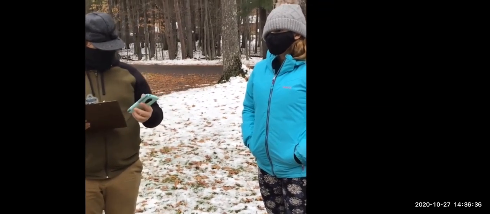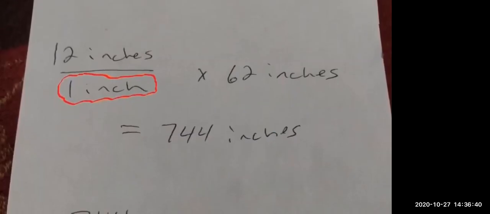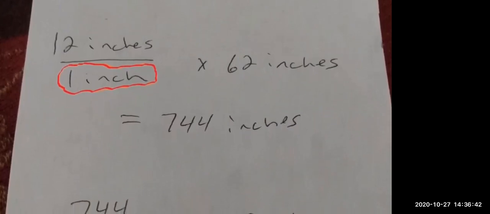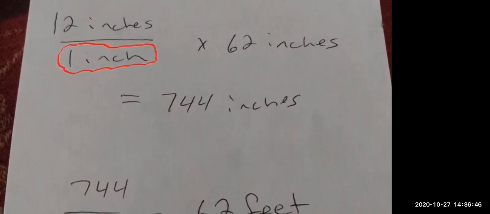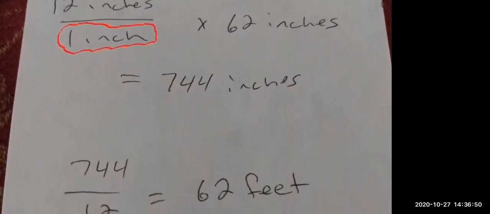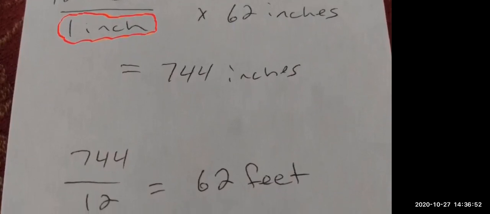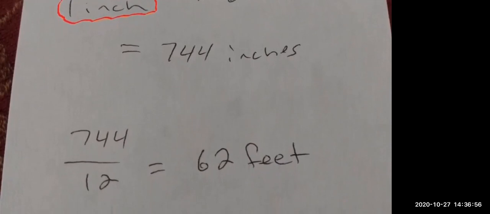Okay, so we're going to set up a simple ratio to find that unknown number. We need to divide the apparent height of the tree, which was 12 inches, by the apparent height of our friend, which was 1 inch. And then we multiply this by the actual height of our friend in inches, which was 62 inches.